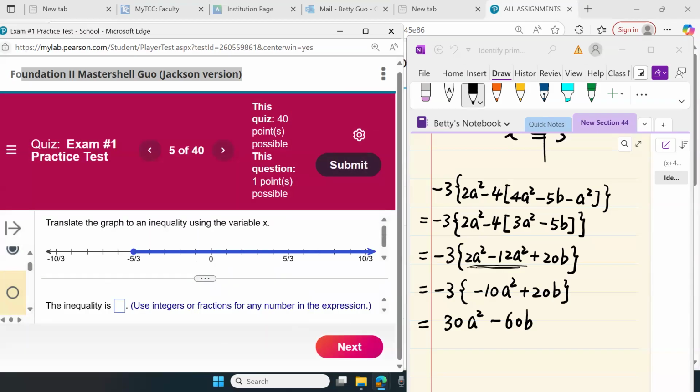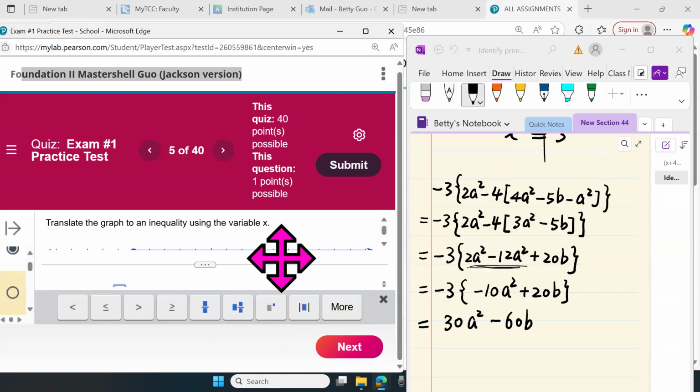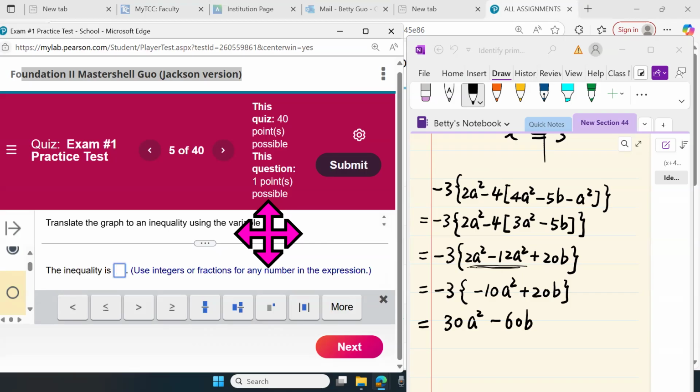Next, question number 5 is about translating the graph to an inequality using the variable x. The shaded region includes all the real numbers bigger than or equal to -5/3. So we should type x is bigger than or equal to.